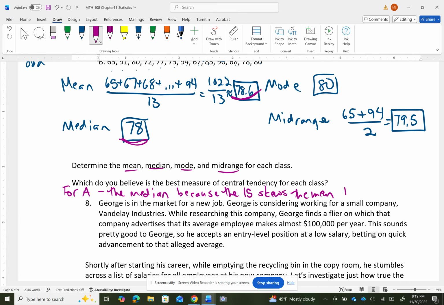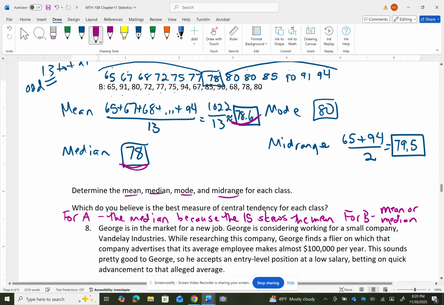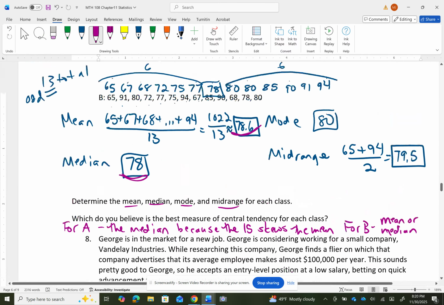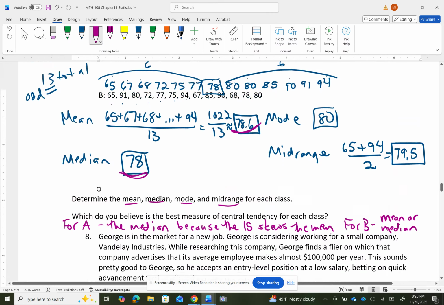And I think for B, I would have used probably the mean or the median, both of those. I don't think in that case the mode is that meaningful, because in each class that only occurred twice.